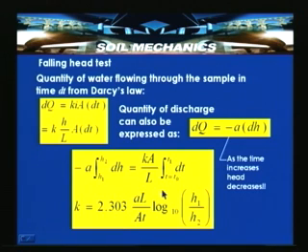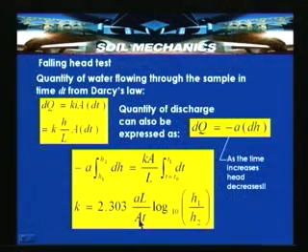By simplifying and rearranging, we will get k is equal to 2.303 a L by A T log to the base 10 of H1 by H2. By using this expression, one can determine the permeability of fine grained soils, especially clay soils, by using the variable head test or falling head test.